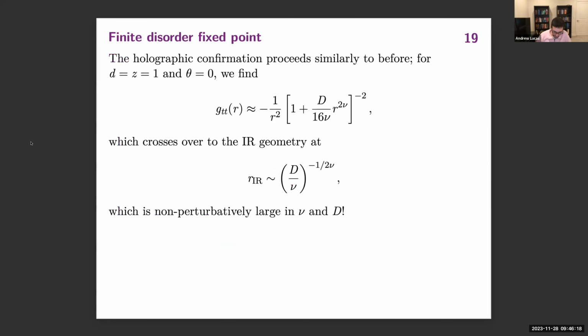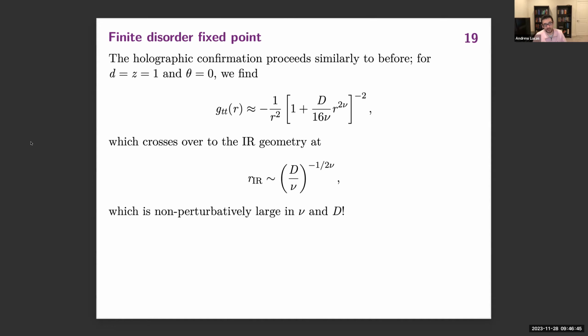Now, the argument I gave is sort of a field theoretic one, but we started the story with holography, so we can at least check that holography also reproduces the same physics. And using the same kind of intuitive asymptotic arguments that I made before, we can argue that indeed the solution to the Einstein equations will approximately take the form shown here.